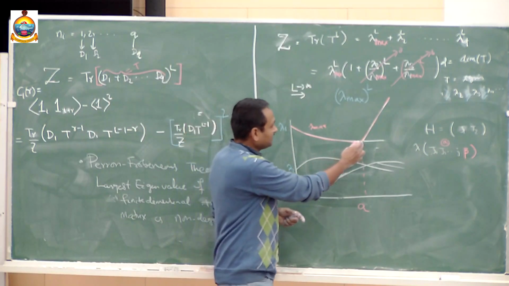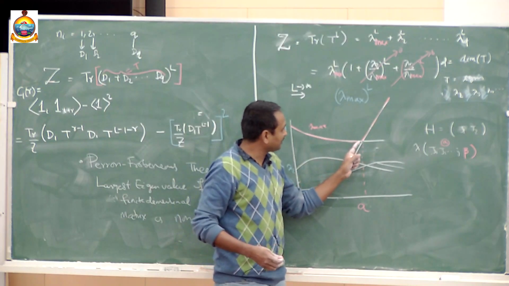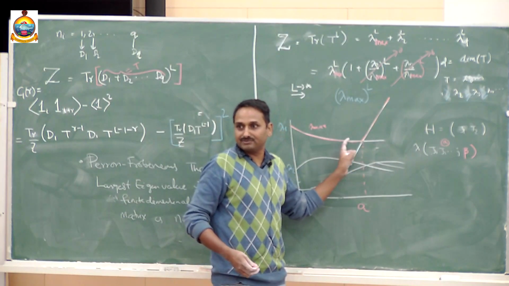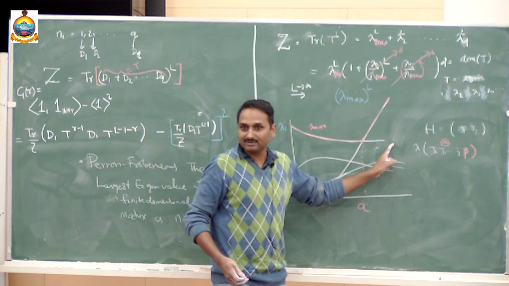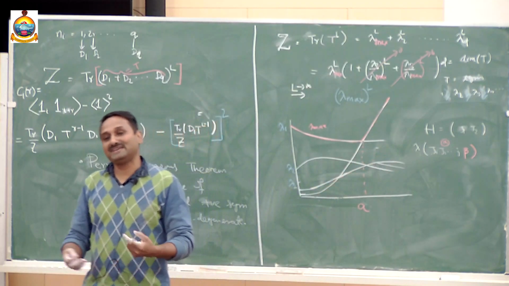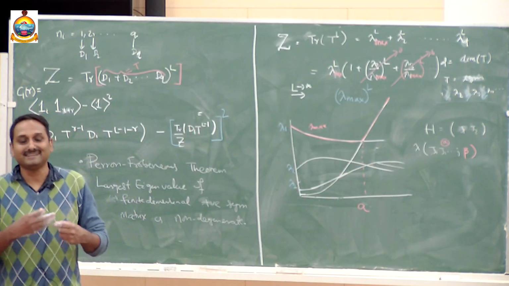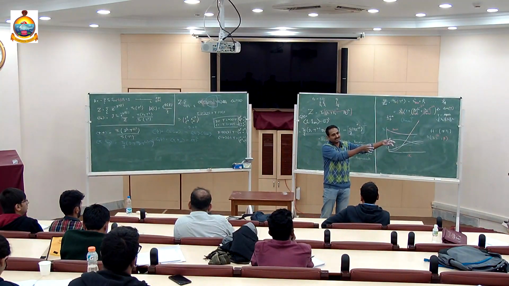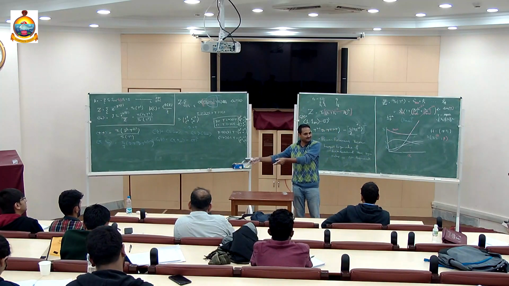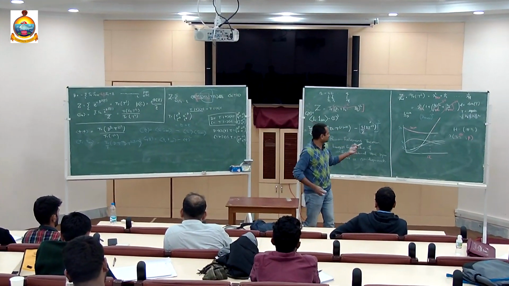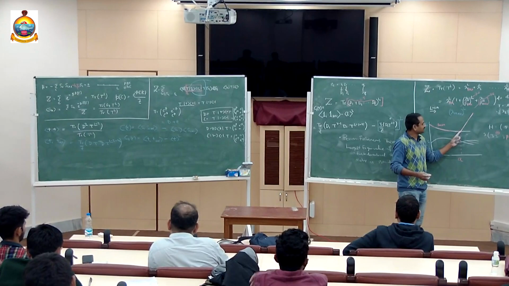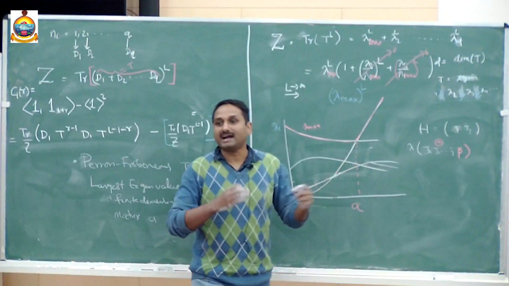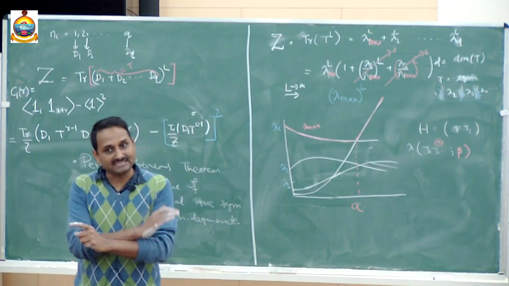At this point you cannot analytically continue in that direction. Whatever you are doing from this side, you cannot go to the other side. That's what we call a phase transition. There is an analyticity breaking at this point. The partition function on one side is described by one kind of function, the other side by some other function, and there is a discontinuity here. So eigenvalue crossing corresponds to phase transitions.